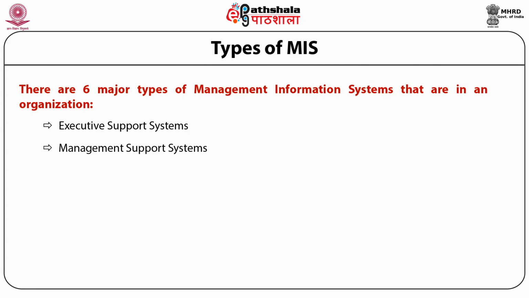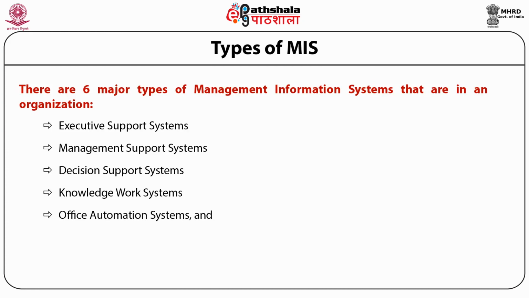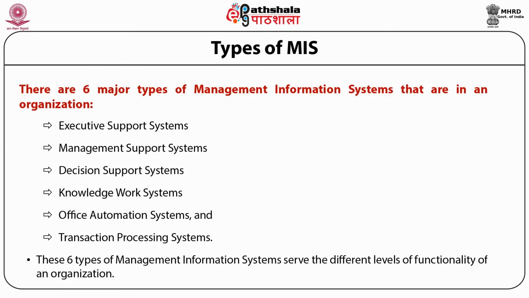Secondly, management support systems. Thirdly, decision support systems. Fourthly, knowledge work systems. Fifthly, office automation systems. And sixthly, transaction processing systems. These six types of management information systems serve the different levels of functionality in an organization.